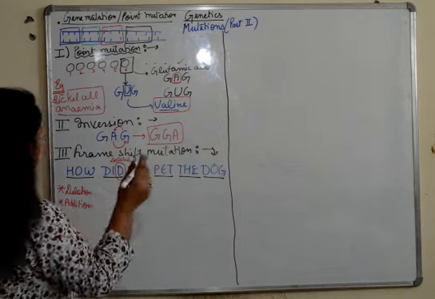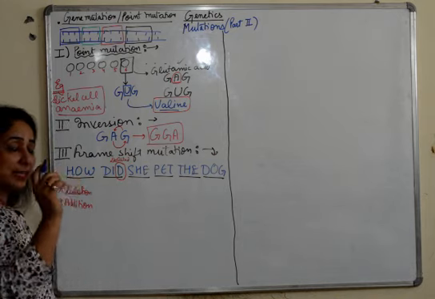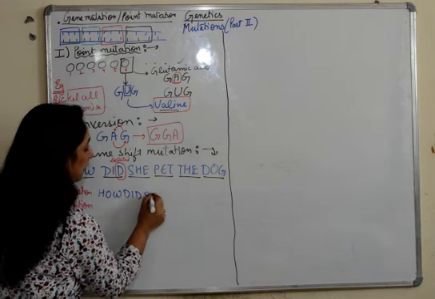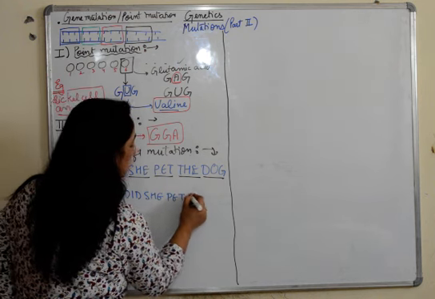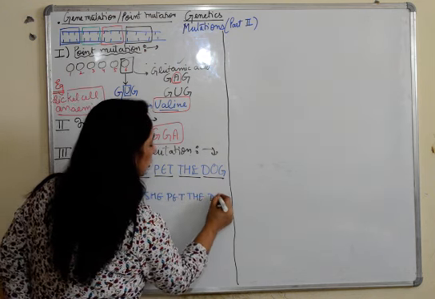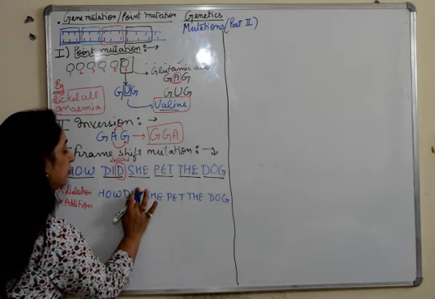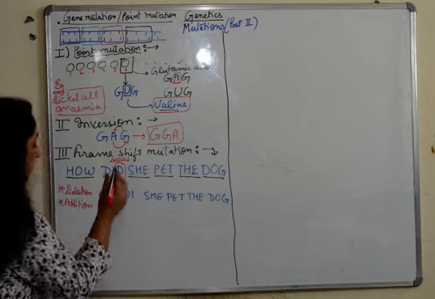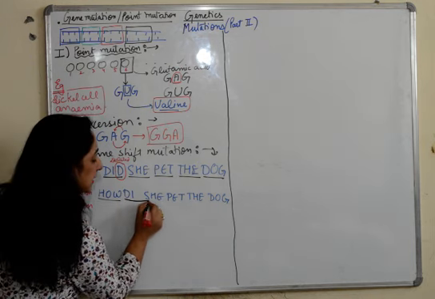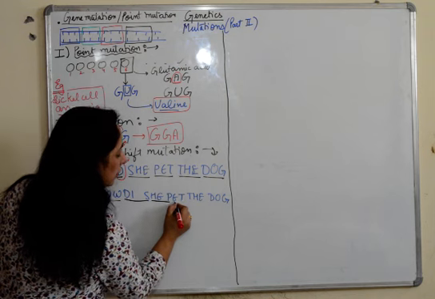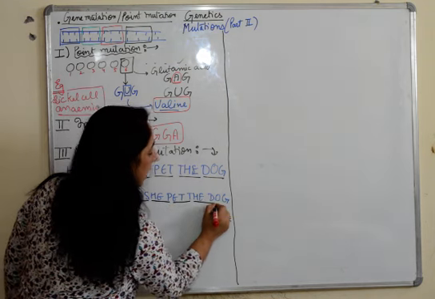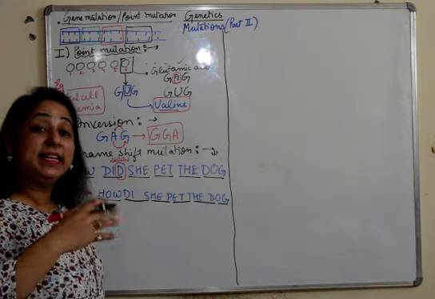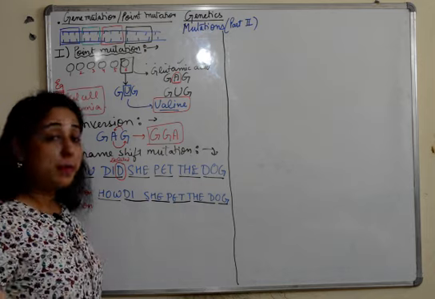Only one nucleotide or nitrogenous base has been removed. How did she pet the dog, and this D is removed from here. So we will read the triplets as it goes. How dis hip et head og. So the sentence's meaning changes. There is no meaning of the sentence.